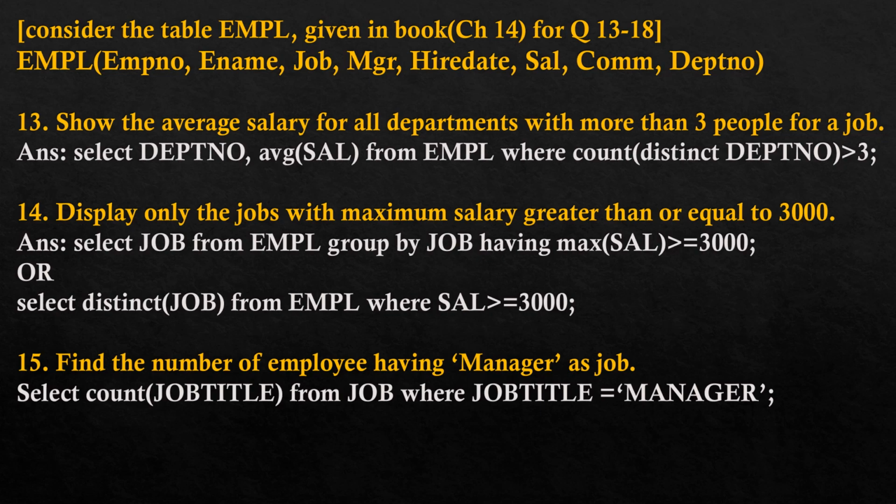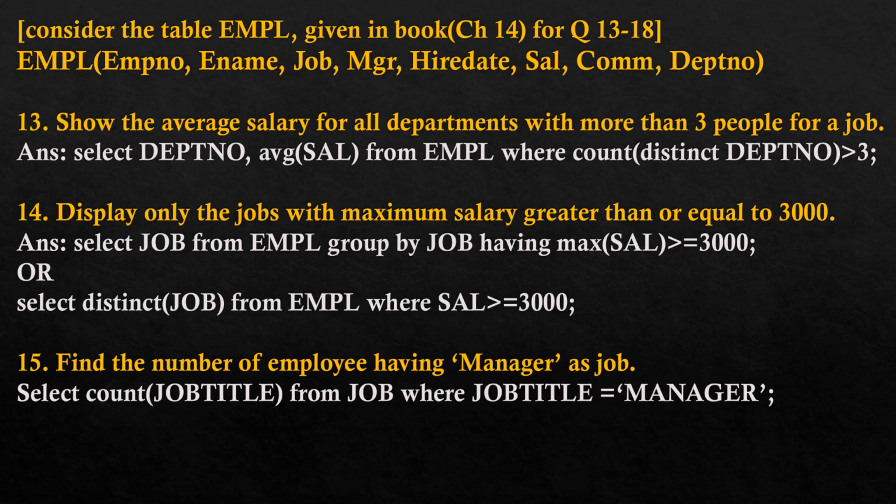So it will count in each department how many employees are there by this condition. Count of distinct department number is greater than 3. So whose count is more than 3, that means in that particular department where the number of employees is more than 3, for that it will display the department number and the average salary.